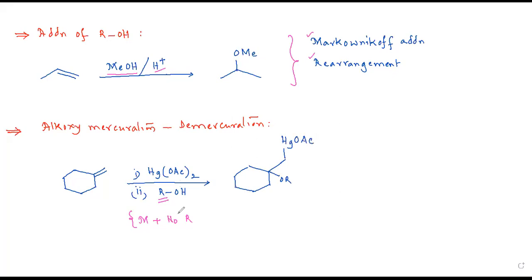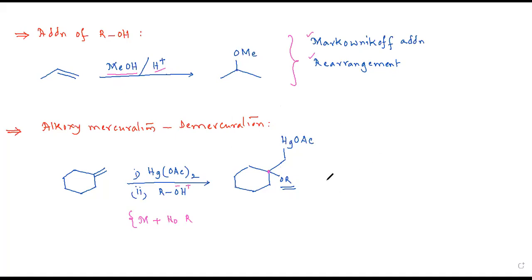We have seen the mechanism of OMDM, oxymercuration, demercuration. Alkoxy group from the alcohol comes into picture. RO minus and H plus. So RO minus is added according to Markovnikov to this particular carbon.